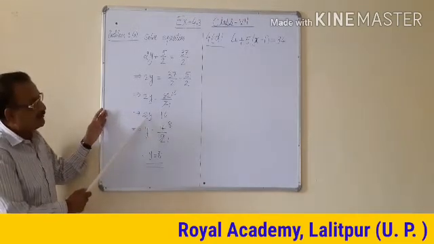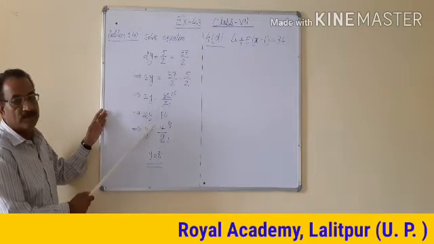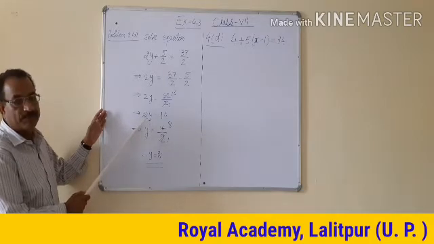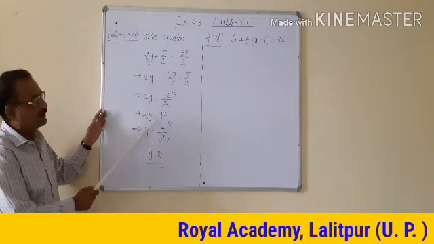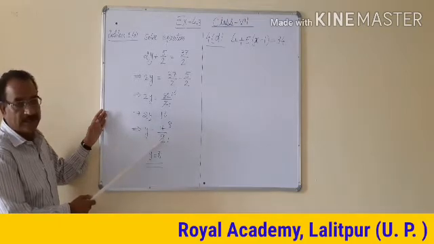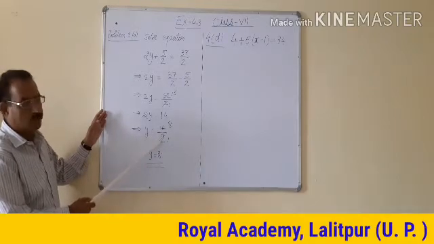Now there is a multiplication sign between 2 and y. So we have to shift 2 again because it is the constant. We shift 2 from left to right. It is a multiplication sign, so it will become divide. So it becomes y equal to 16 upon 2.